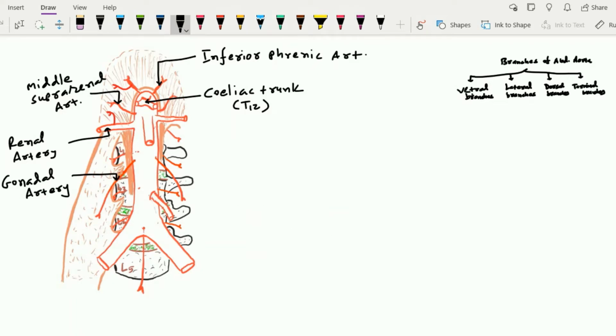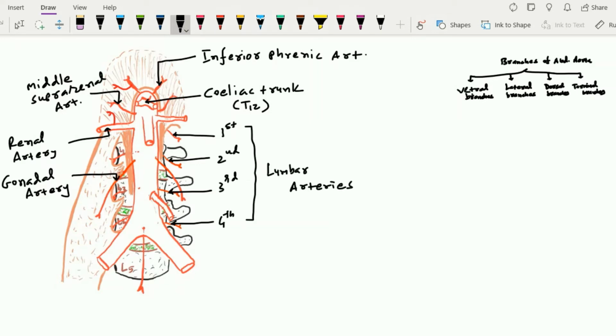So here these are the first lumbar, second lumbar, third lumbar and the fourth lumbar arteries, which arise from the dorsal aspect of the abdominal aorta. And one more dorsal artery arises just above the ending point of the abdominal aorta, and this artery is the median sacral artery.